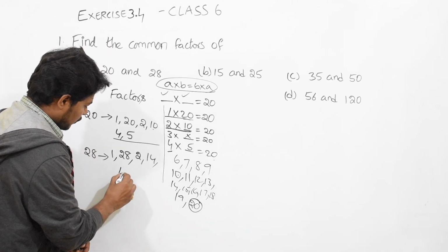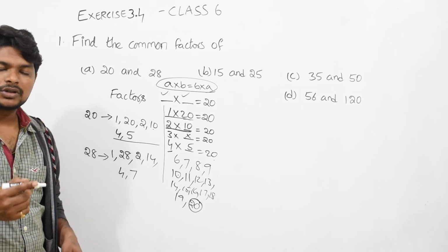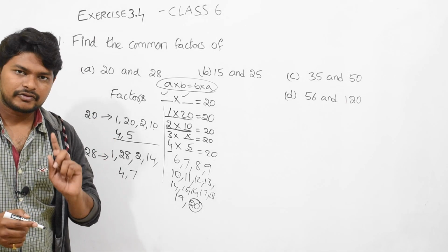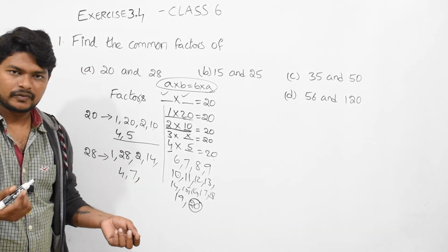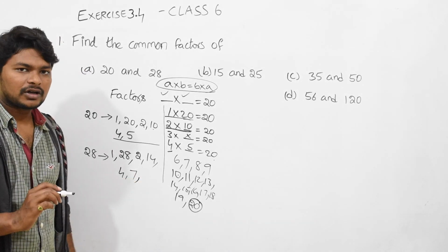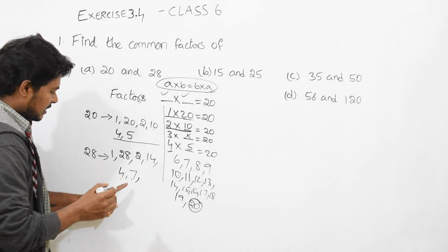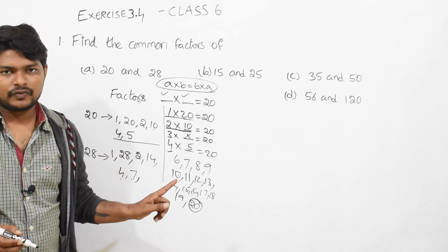So 4, 7. Both are factors for 28 because 4 into 7 is equal to 28. Then 5 will not come, 6 will not come, 7: 7 into 4 equal to 28. 7 we have already written, so we need to exempt that.